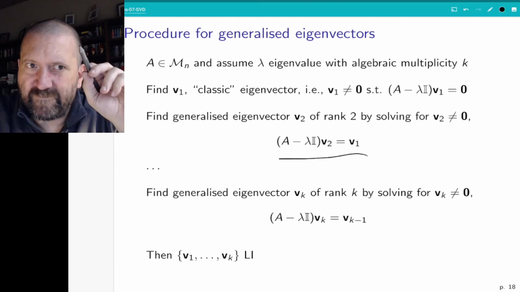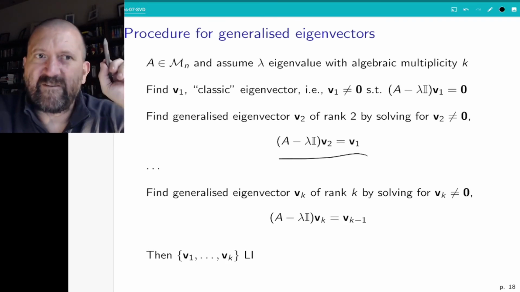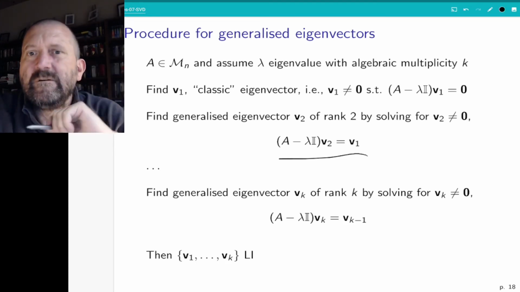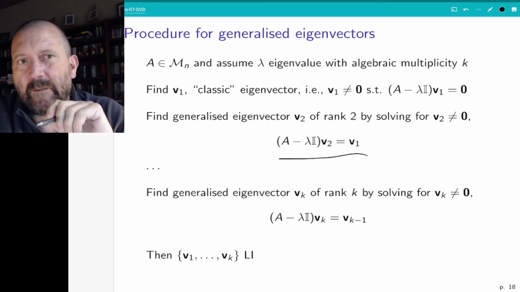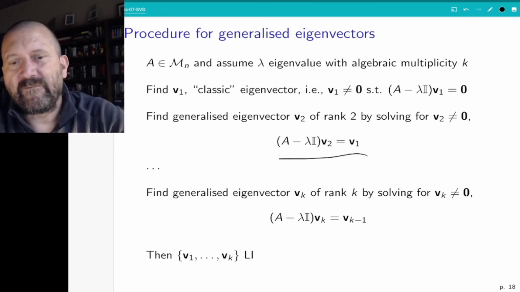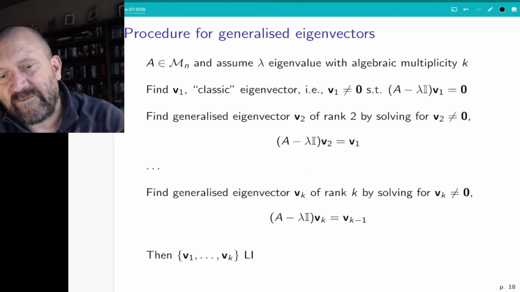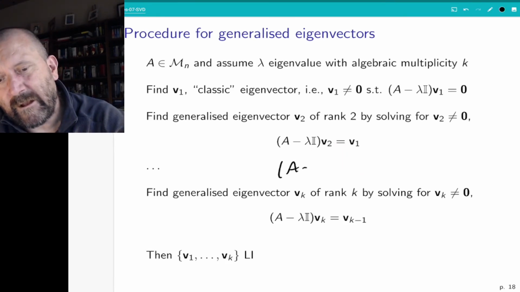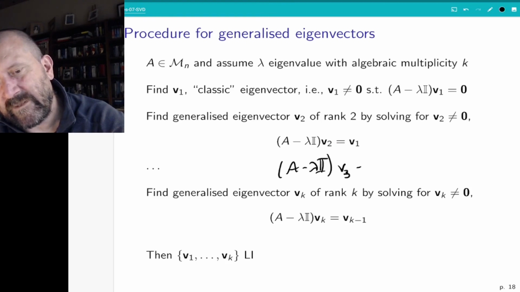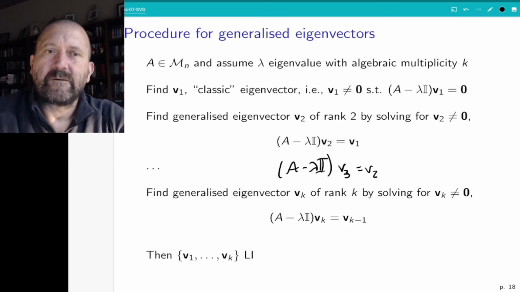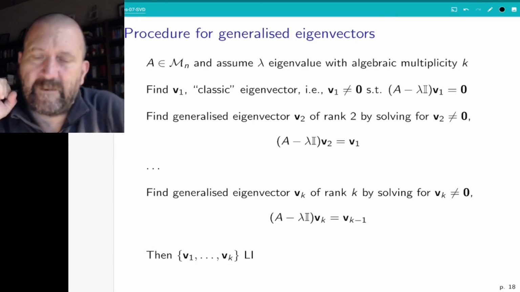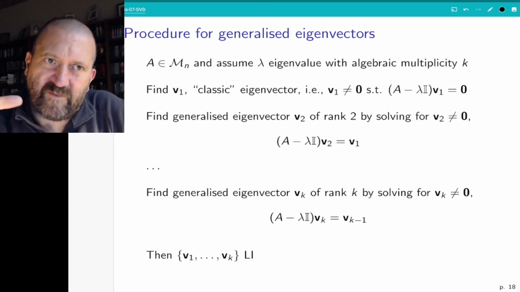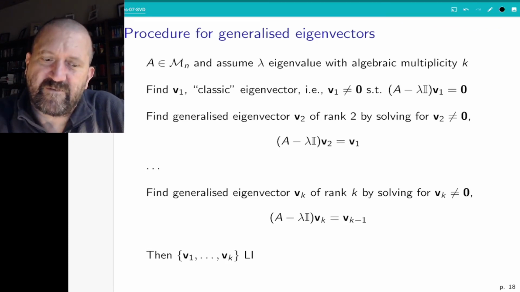Taking the first one that I found, I solve for V2, A minus lambda I times V2 equals V1. And I continue. To find V3, I would solve A minus lambda I times V3 equals V2. Okay, continue all the way to A minus lambda I times Vk equals Vk minus 1.